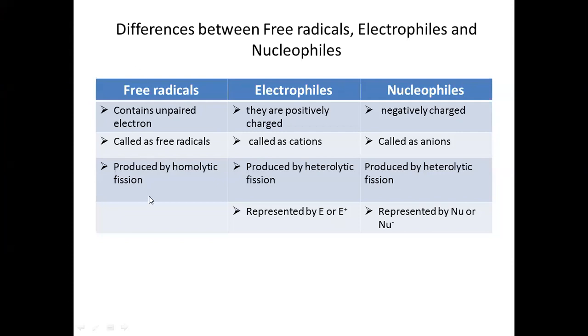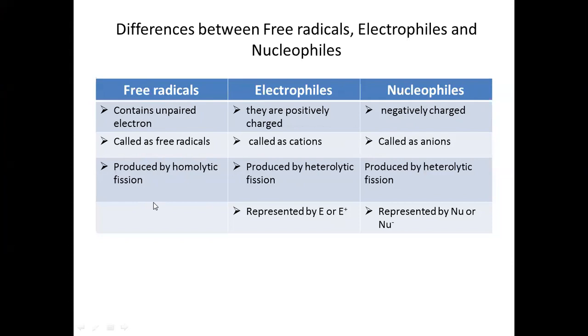At a glance, you will know what comes under what, and what the differences are between these three. See, what are free radicals? They have an unpaired electron. These are positively charged, these are negatively charged. These are called free radicals, these are called cations, these are called anions.